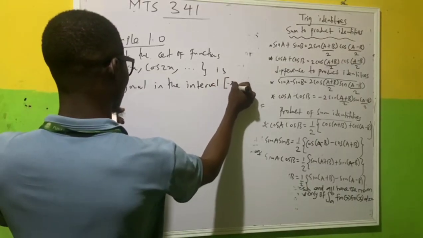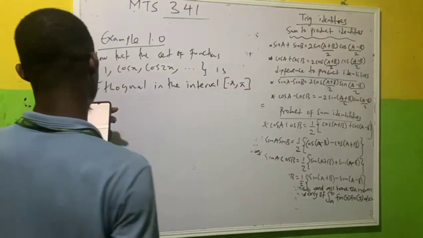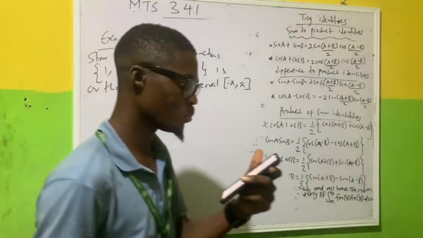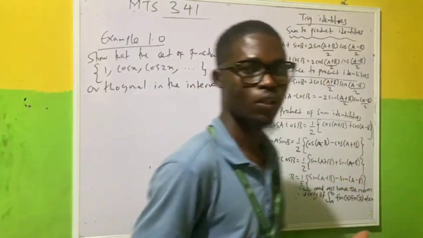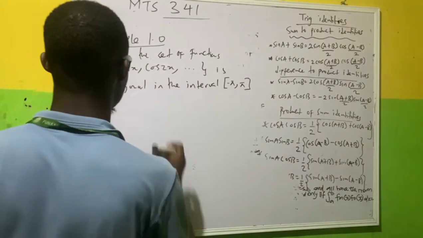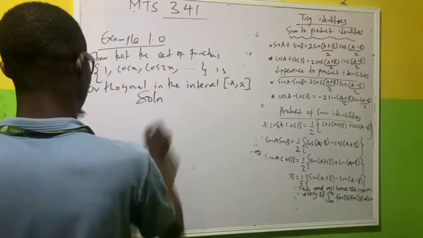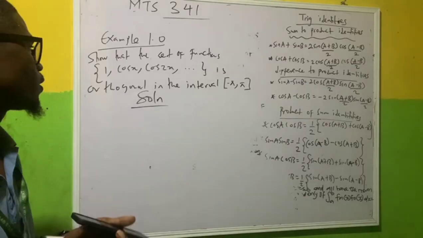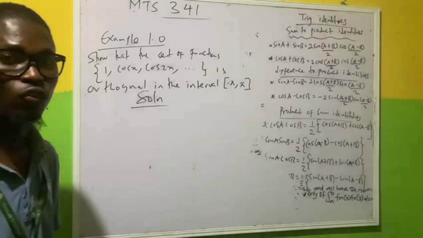This is a closed interval. So we want to show that this is orthogonal. I think this should not be a problem. So, solution, case 1. You know the definition of orthogonal.